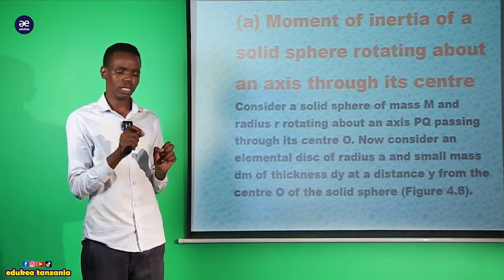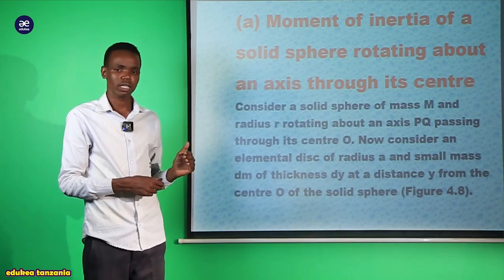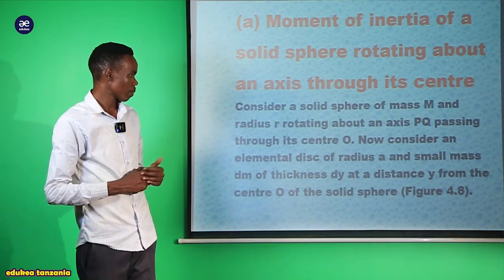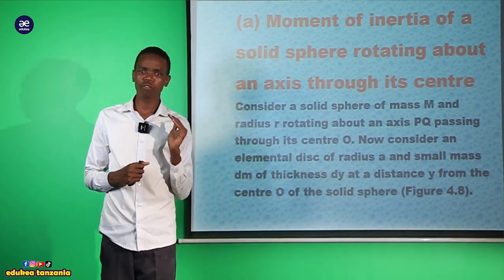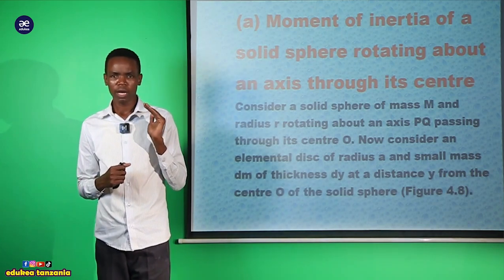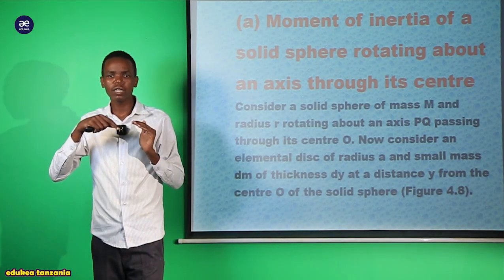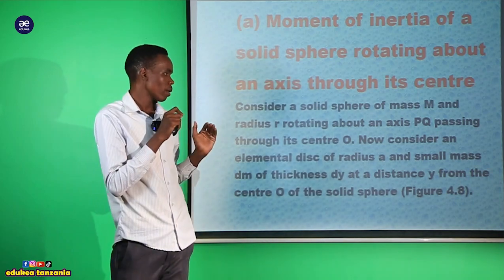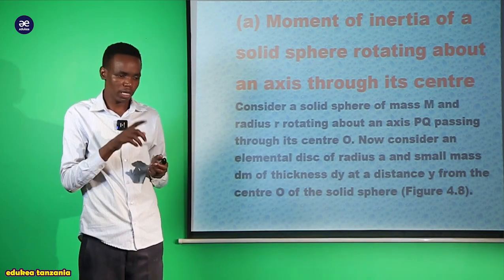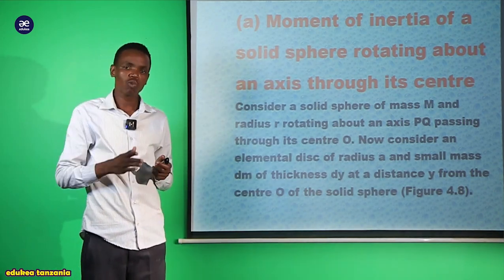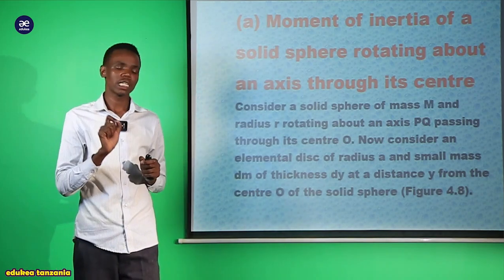As we observe, we have a solid sphere having the mass m and also the radius r, and it is trying to rotate about an axis PQ. The sphere rotates perpendicular to the axis PQ that is passing through the center.